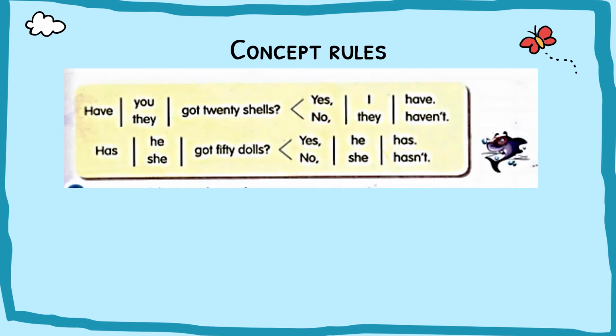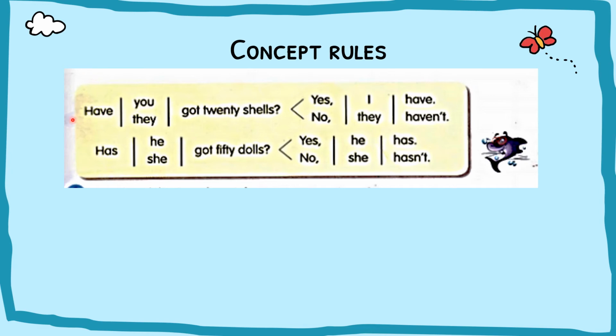Now this is the concept and rules that we are going to learn today. Today we're going to focus on how to use the verb have got to ask questions and to answer questions. Now let's see the first example here.